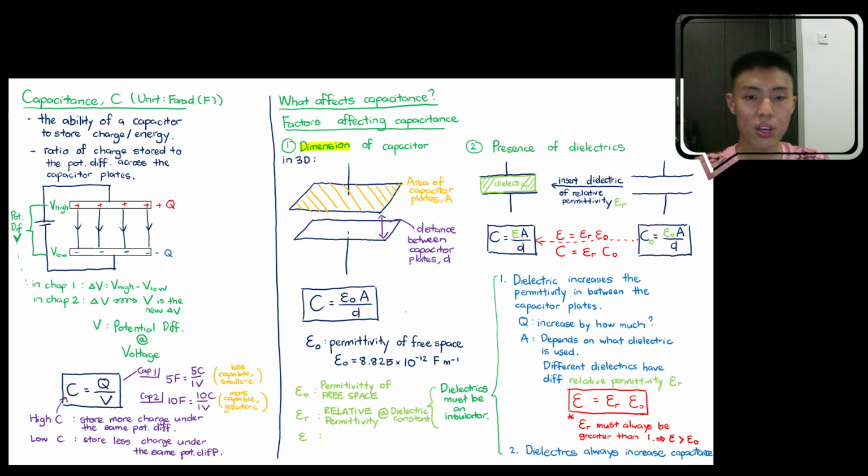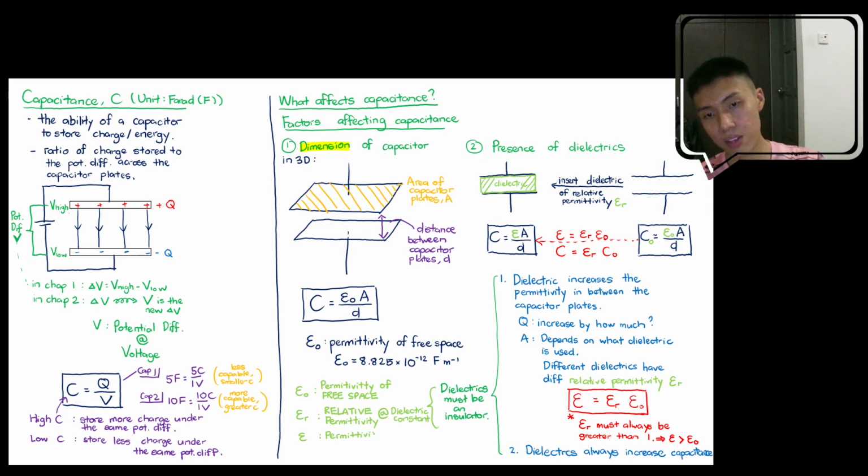Epsilon over here represents the permittivity after you have inserted the dielectric; it changes to a new permittivity. That is the permittivity of this space, which is filled with dielectric. So the name is still permittivity, but it's no longer free space, it's filled with dielectric already.